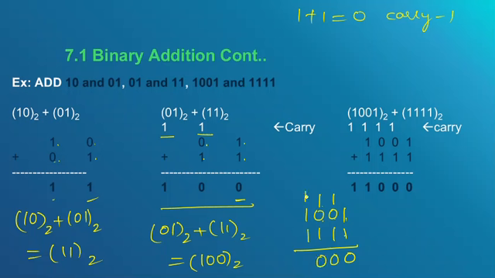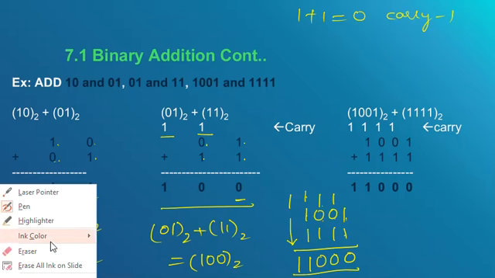Again 1 is carry. 1 plus 1, the answer is 1 0. 1 is carry. Again, 0 plus 1 is 1. So you will have 1 over here, and this carry 1 will come down. So the answer is 1 1 0 1.